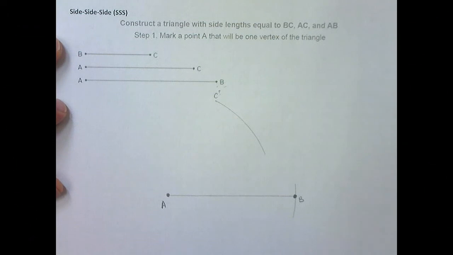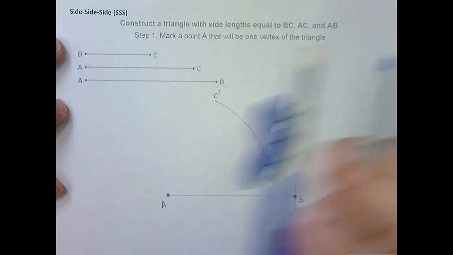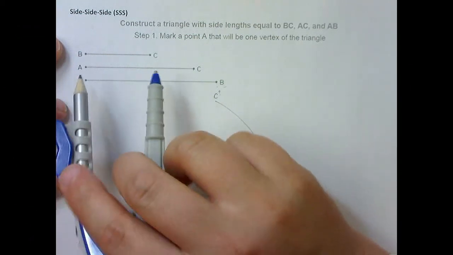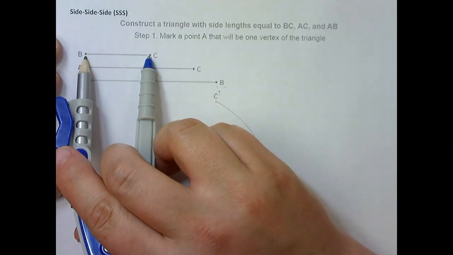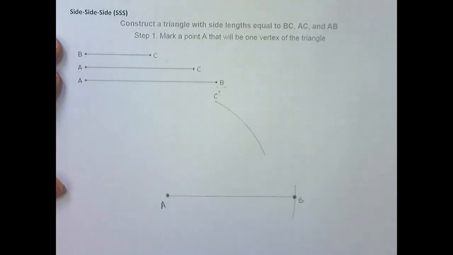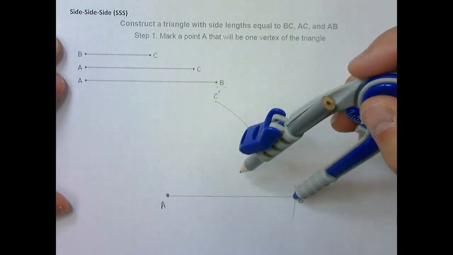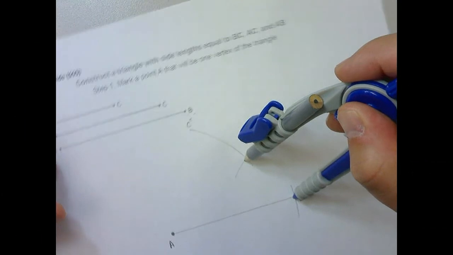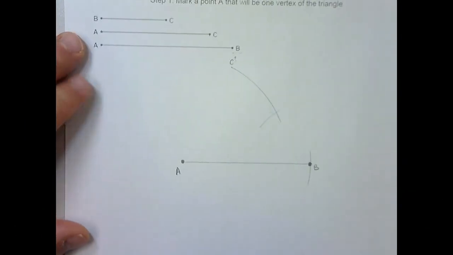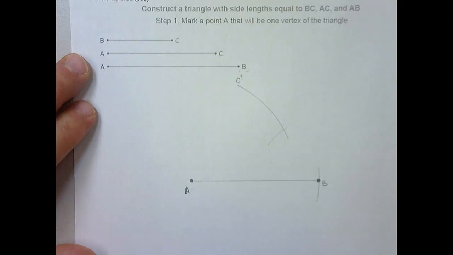Then the last thing we need to do is come up with where BC is going to be. So if we take our compass and adjust it so we have the length BC measured, now we're going to put our compass point on B and put another arc, and where they intersect is where C needs to be.